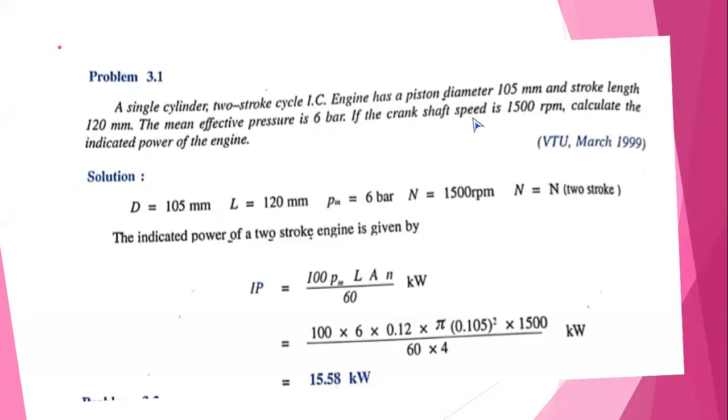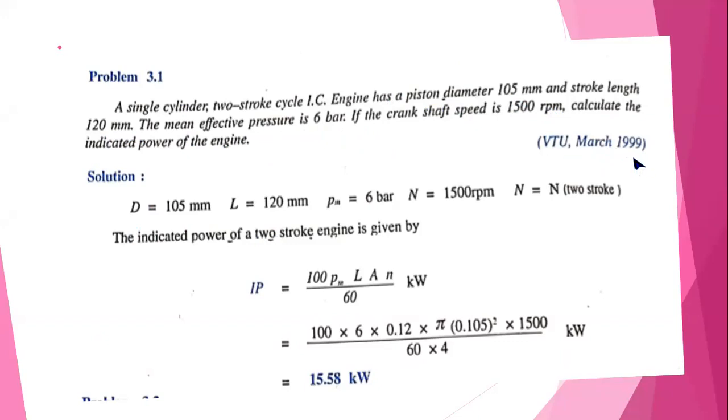If the crankshaft speed is 1500 rpm, calculate the indicated power of the engine. All of you write down. That's the single cylinder, two-stroke IC engine, piston diameter 105 millimeter, stroke length 120 millimeter, mean effective pressure 6 bar, and the speed of the crankshaft is 1500 rpm, and calculate the indicated power of the engine.